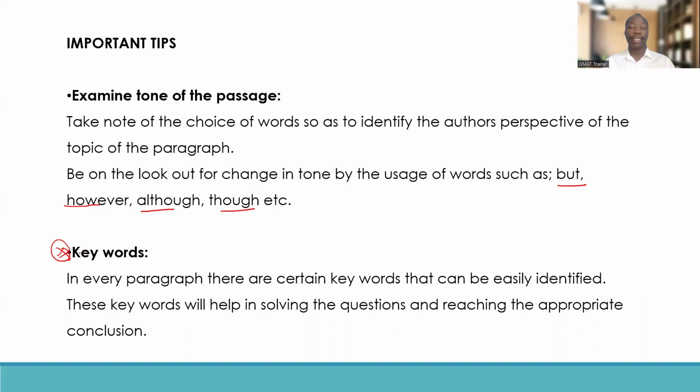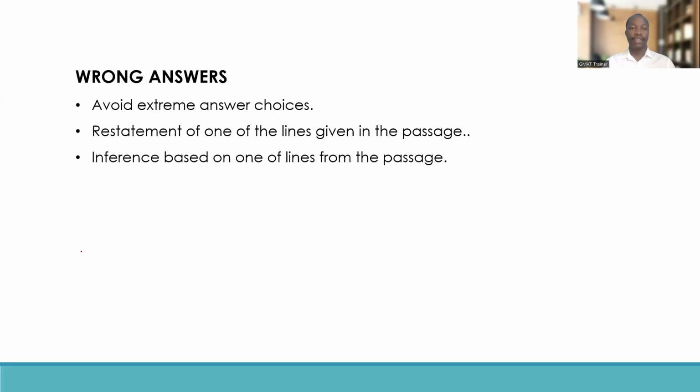So read the passage actively, and be on the lookout for words that will help you arrive at an answer choice in the shortest amount of time. Wrong answers to this question type usually use extreme language or extreme answer choices.